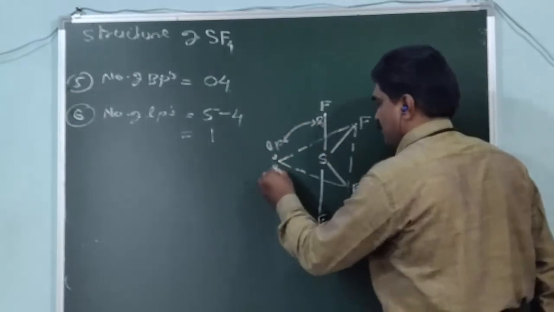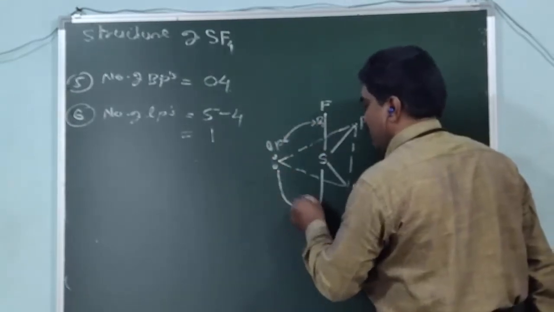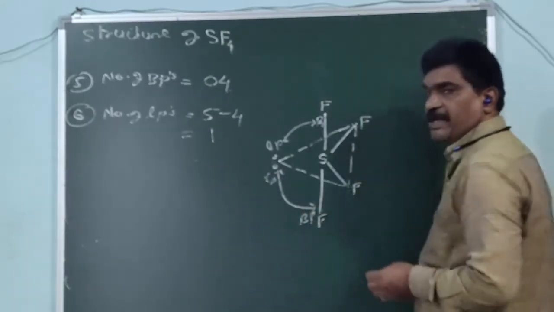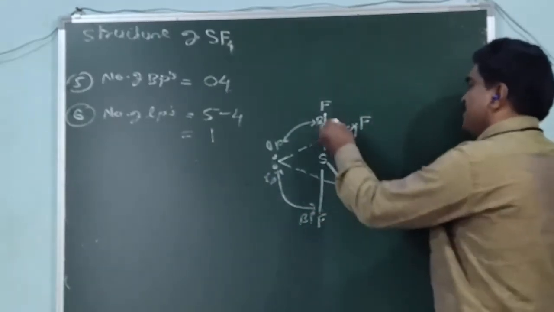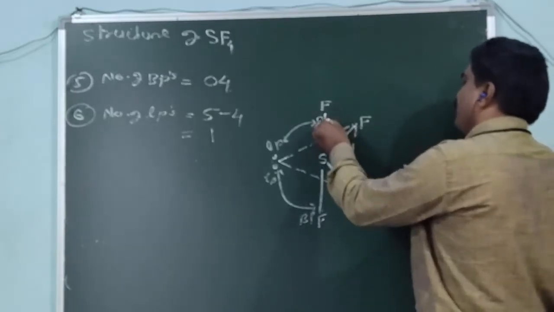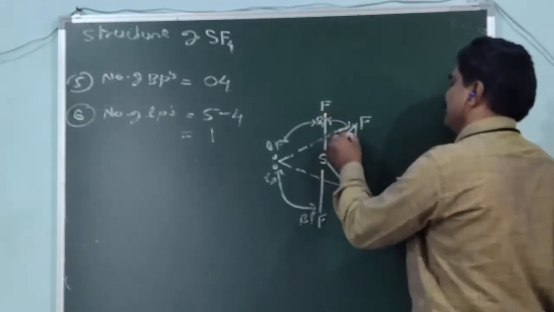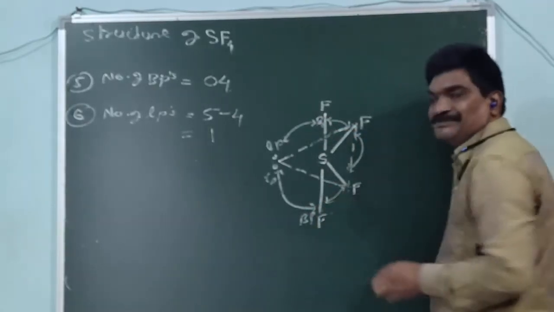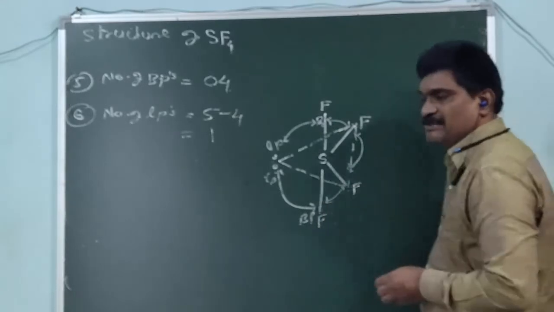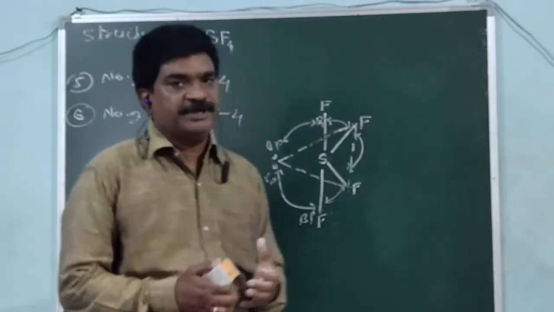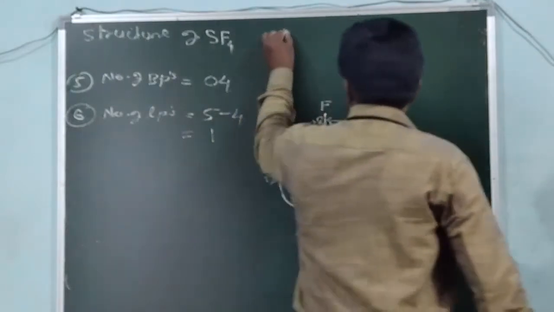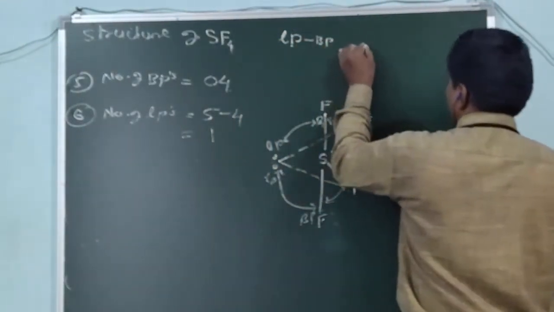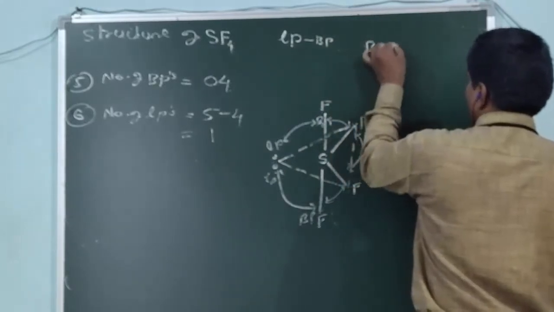See here, lone pair bond pair repulsion would be there. At the same time, there will be bond pair bond pair repulsions like this. So there are two types of interactions: lone pair bond pair repulsion and bond pair bond pair repulsion.